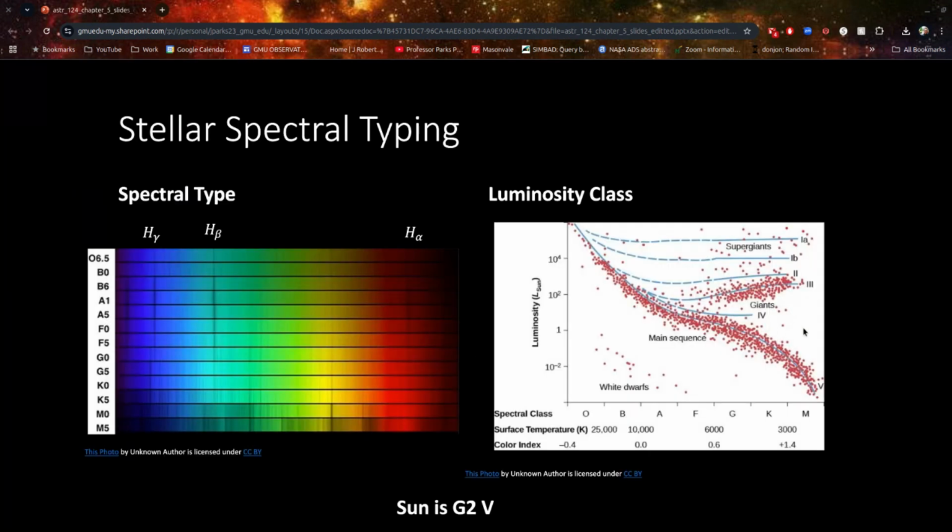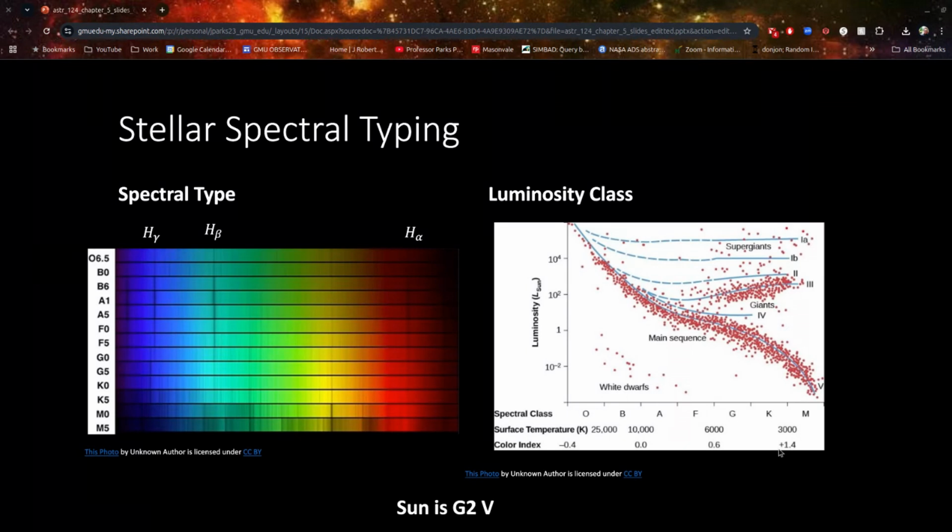So, speaking of cool stars, that brings us finally to spectral typing. Again, we'll revisit this when we talk about spectroscopy, but I just wanted to throw it out here. The thing I want to concentrate on right now is the surface temperature, the effective temperature of the star. It ranges from 25,000 to 3,000 on this diagram moving to the right, and under it you can see color index.